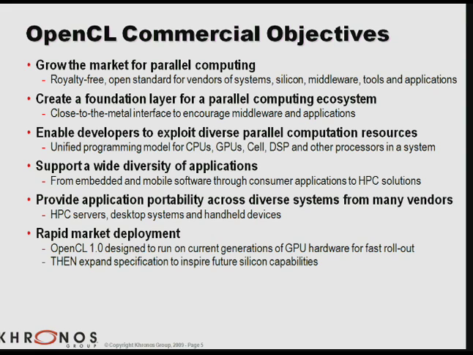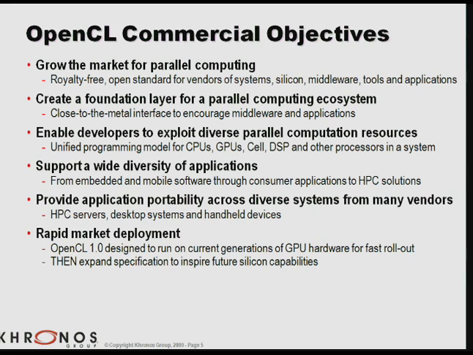So the group thought pretty long and hard about how it was going to focus its efforts. The commercial objective of OpenCL, the most obvious one, as we've already said, is to grow the market for parallel computing, for all participants in the parallel computing industry, not just the hardware vendors. We hope that OpenCL will create opportunities for middleware vendors, application vendors, tools vendors.